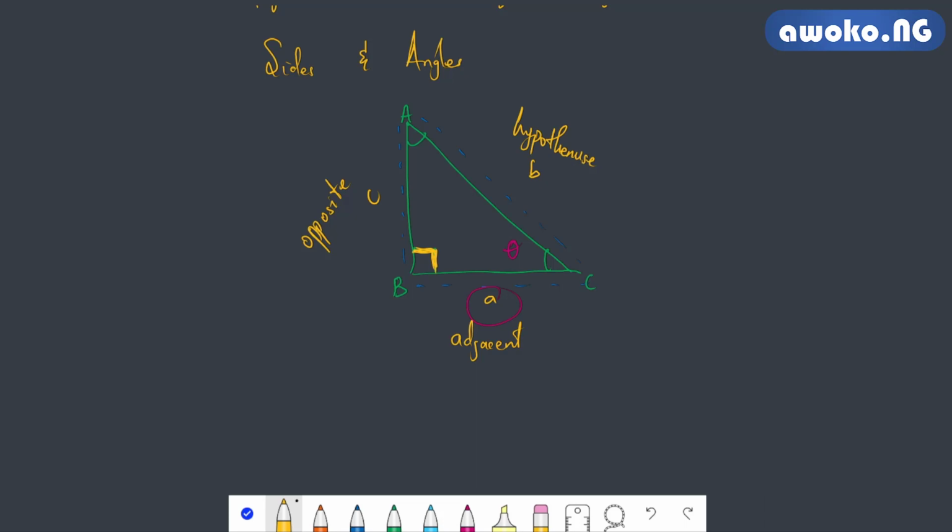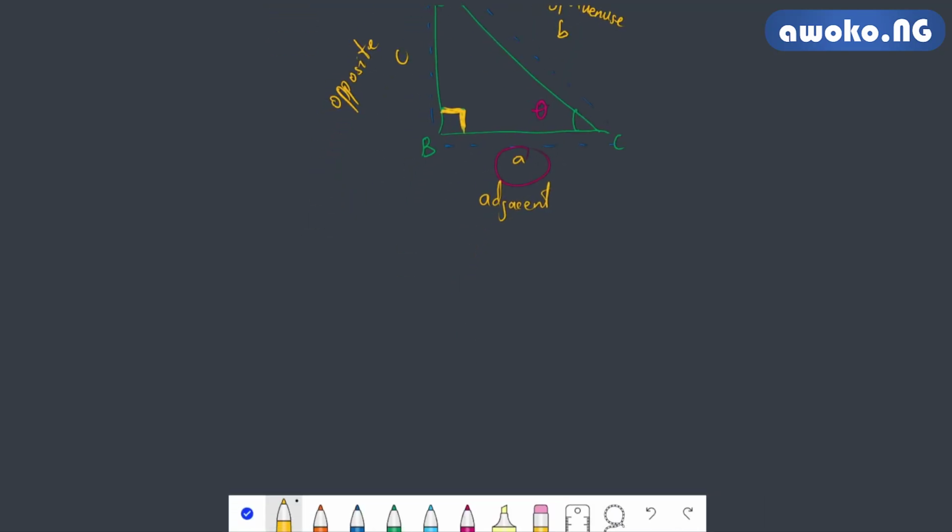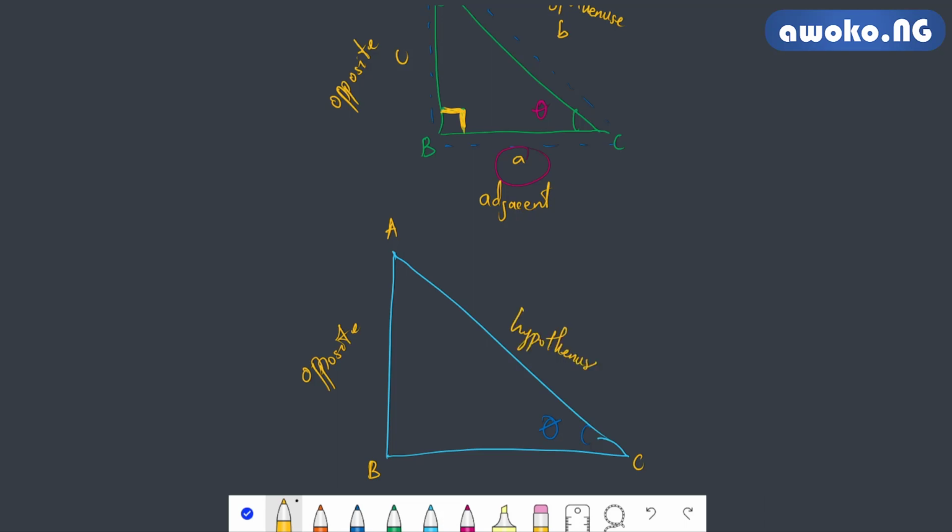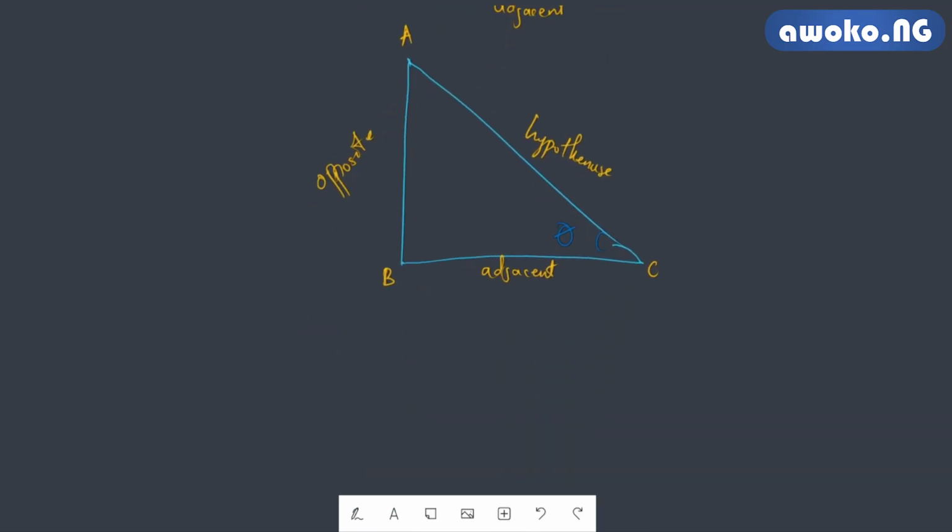Now this triangle diagrammatically changes to this. Let's call this our theta, and call this A, B, and C. So we have this side to be the opposite. This side is the hypotenuse, and this is the adjacent side of the right-angled triangle.